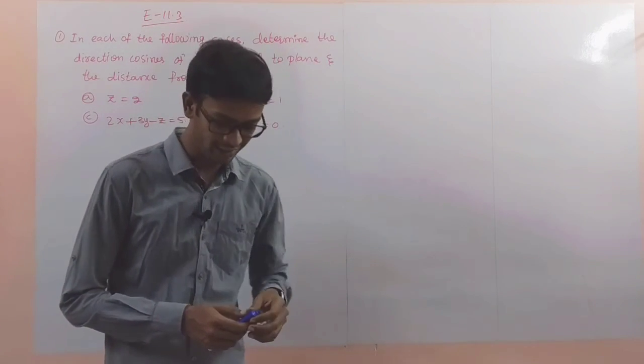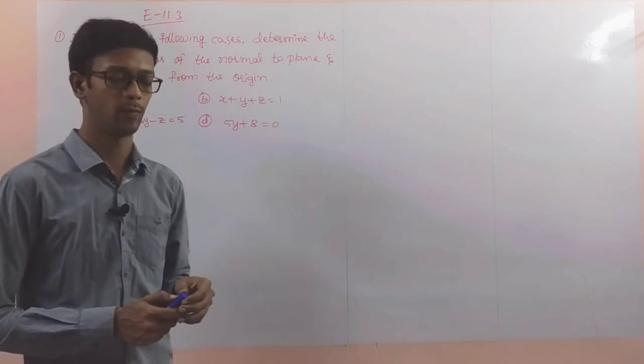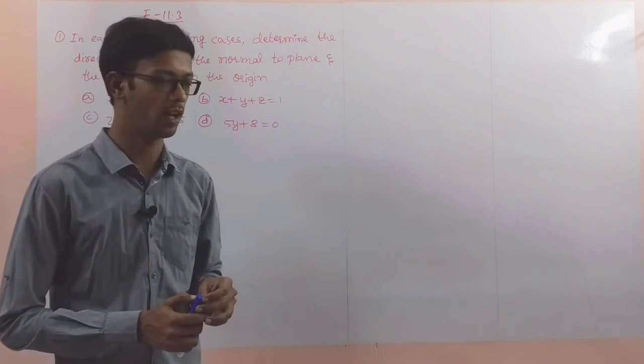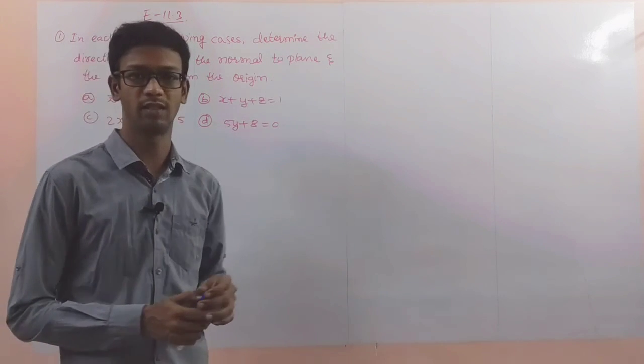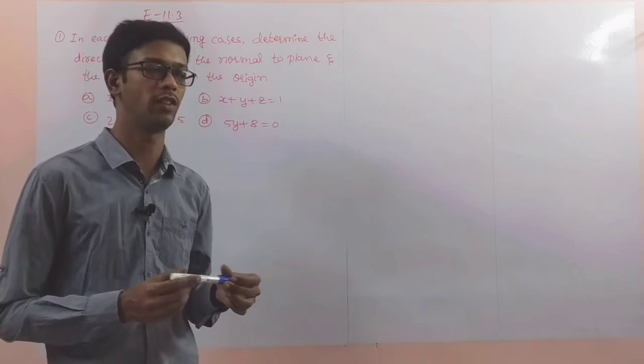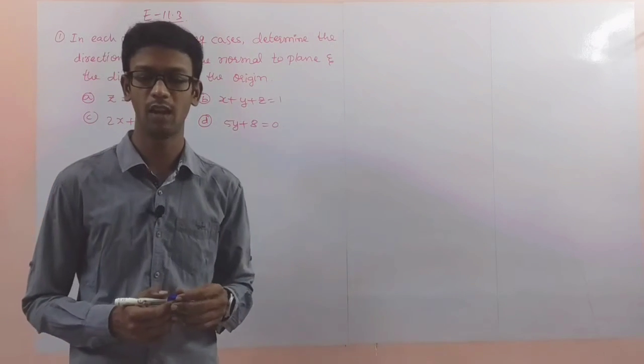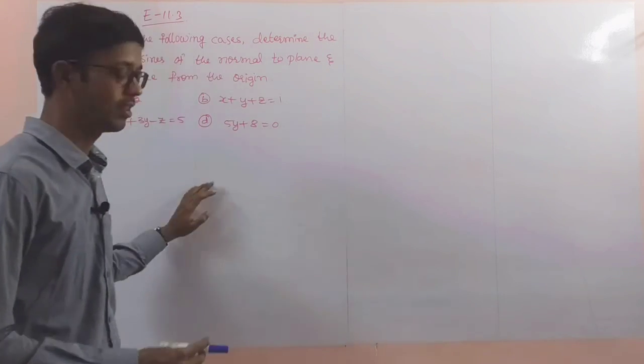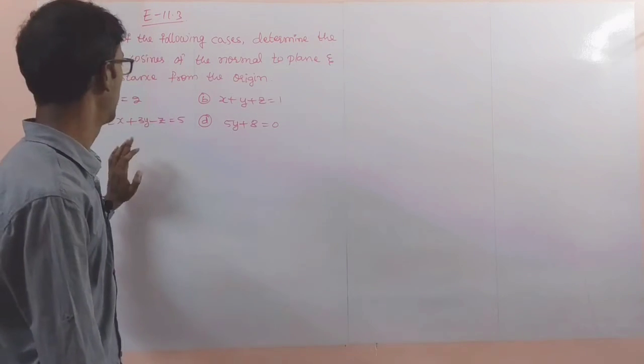Now we start Exercise 11.3. Some more concepts are there, but they are based upon the previous equations, and some basic problems are there. First we will complete this one. Exercise 11.3, problem number 1.